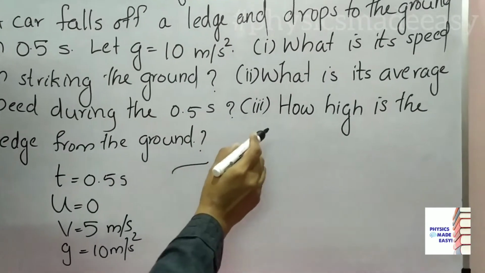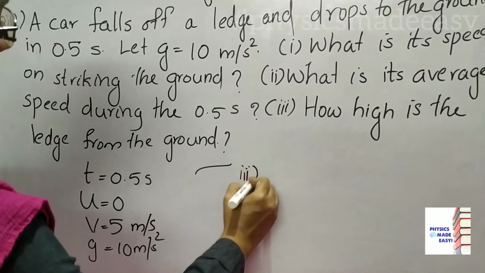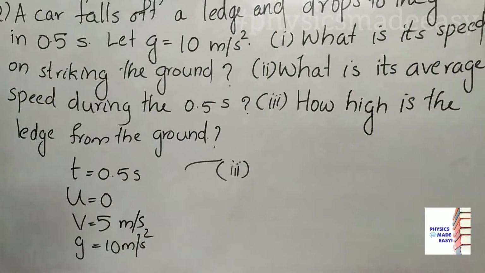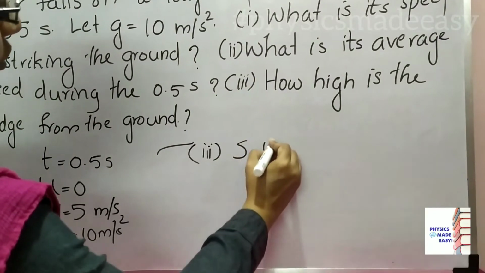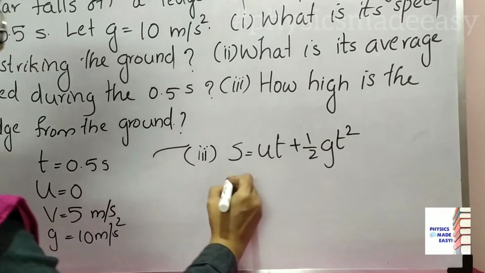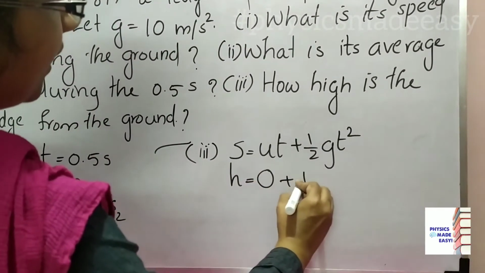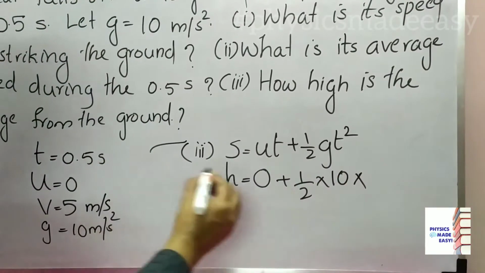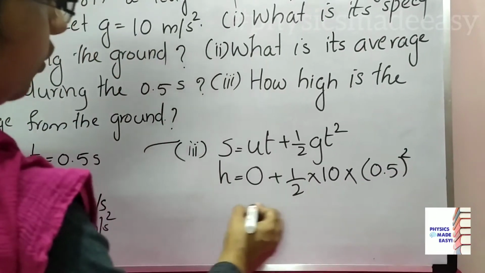Then how high is the ledge from the ground? Third part, we have to find the height of the ledge. That means how much distance is travelled by that. S is equal to ut plus half g t square. You can write this as h is equal to 0 plus half into 10 into t square, 0.5 into 0.5 the whole square.